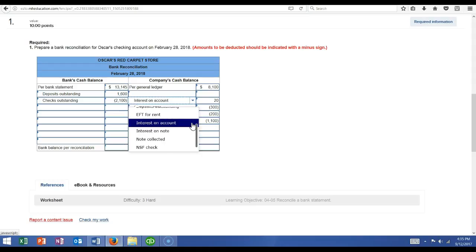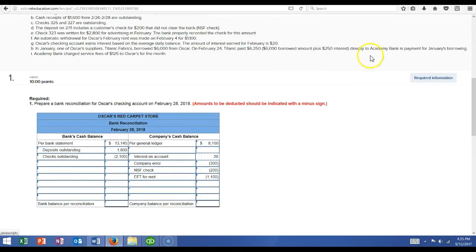I guess interest on account is all we have here. Okay. One of Oscar's suppliers, Titanic Fabrics, borrowed $6,000 from Oscar. On February 24th, Titanic paid $6,250, $6,000 borrowed amount plus $250 interest directly to Academy Bank in payment for January's borrowing.